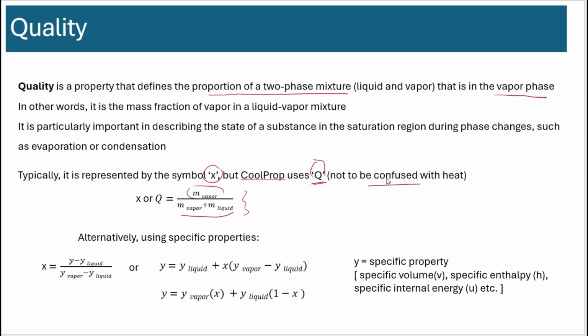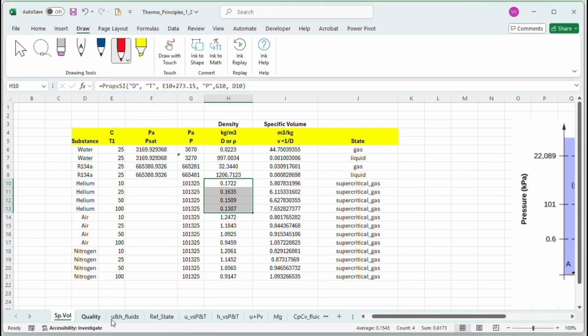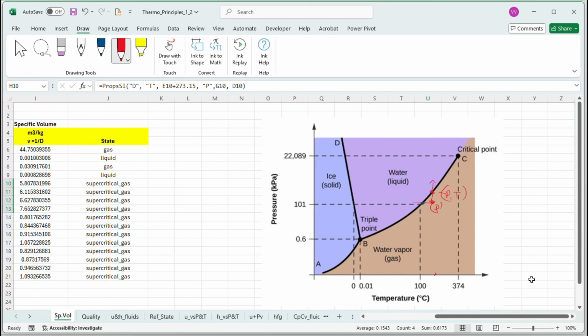Now, if you know the specific property of the liquid and the gas at a saturation point. So Q basically has meaning primarily only on the saturation curve. Okay, if you're inside the curve, it's always 0. If it's outside the curve, it's always 1. Okay, on the curve, it could be anywhere from 0 to 1.